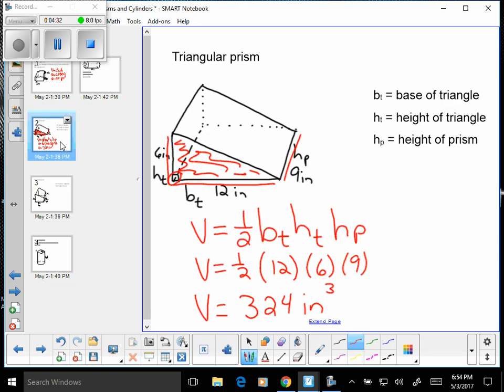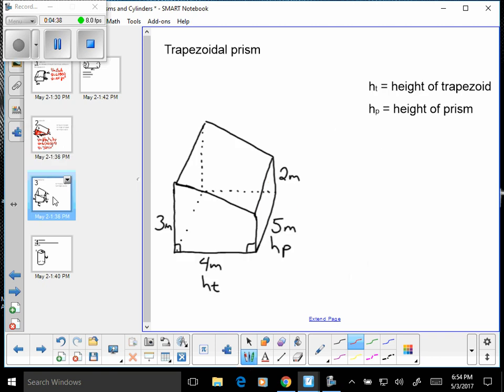Well, how am I supposed to tell that different from the triangular prism? Because if you recall, for a trapezoid, the area of the base is 1/2 b sub 1 plus b sub 2 in parentheses, that's called a quantity, times the height of the trapezoid, then times the height of the prism.